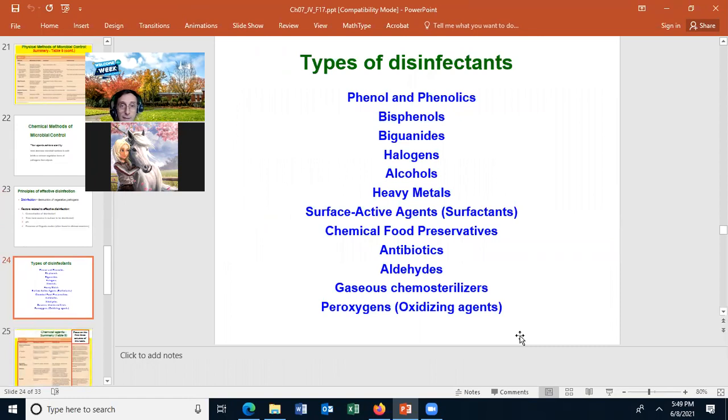There are different types of disinfectants: phenol and phenolics, biphenols, which are a little different, biguanides, halogens, alcohols, heavy metals, surfactants, surface active agents, chemical food preservatives, antibiotics, aldehydes, gaseous chemosterilizers, and peroxidizing agents.